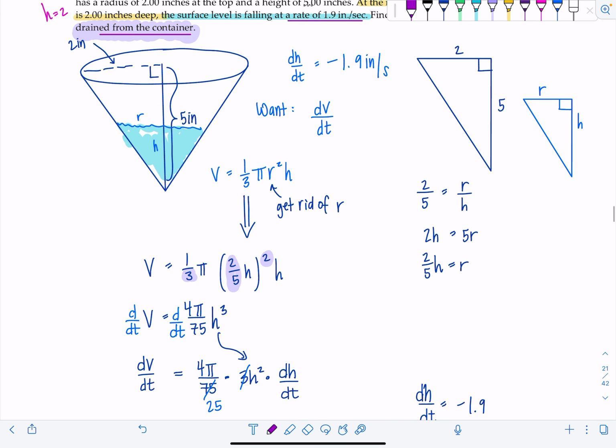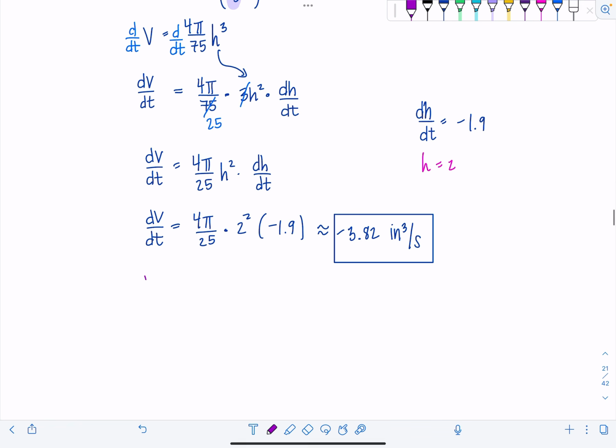So you probably should just say it's being drained at 3.82 inches cubed per second. You know what I mean? If they just said, what's the rate of change of the water in the container, then you would say negative, because rate of change is neutral. It could be going up, could be going down. But drained already implies that it's decreasing. So I would take the minus out. It's a little subtle, but it's been bothering me and I didn't want to edit.